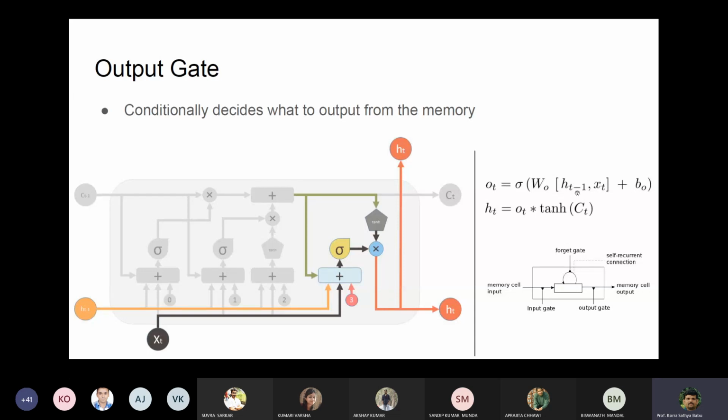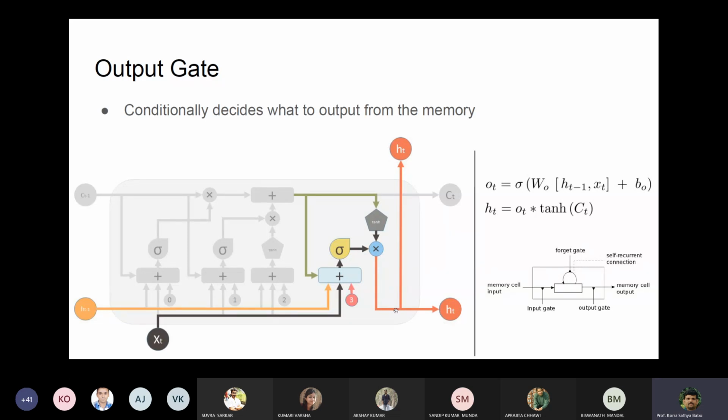The current input and the previous output are multiplied with the output weights, plus the bias of the output. This is then passed through a sigmoid layer, and this is the O_t value that you are going to get.